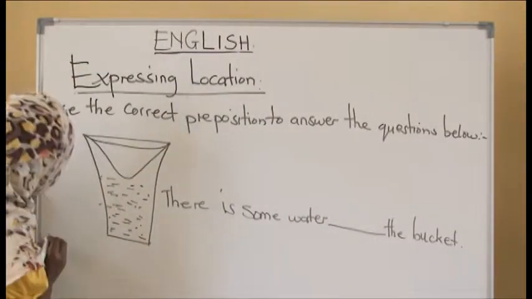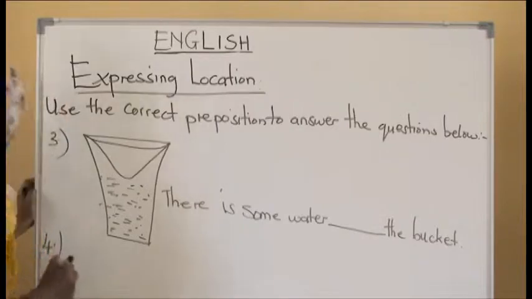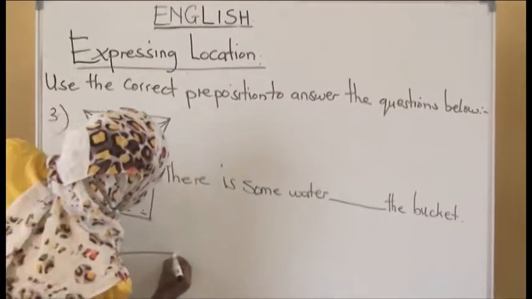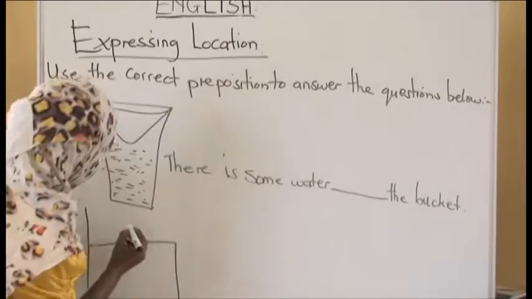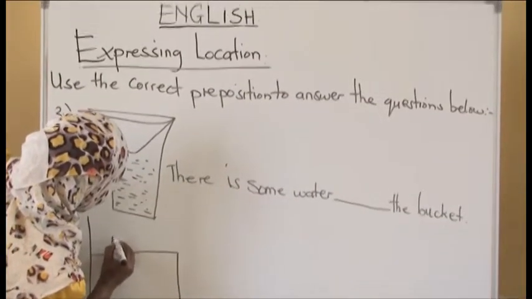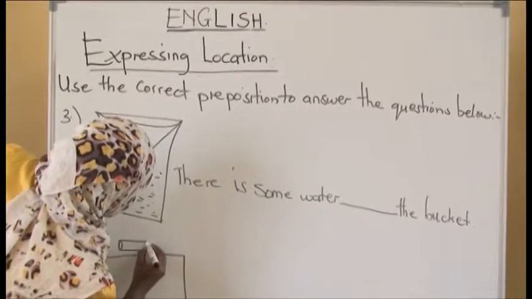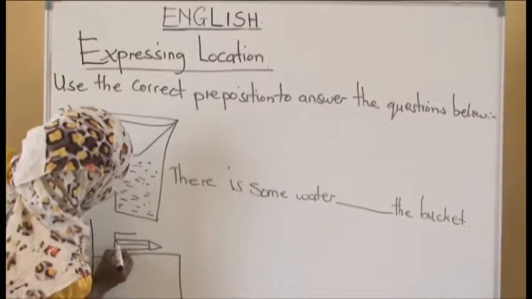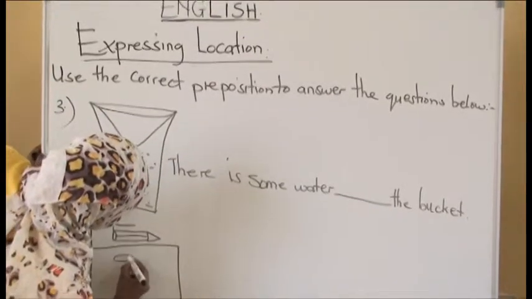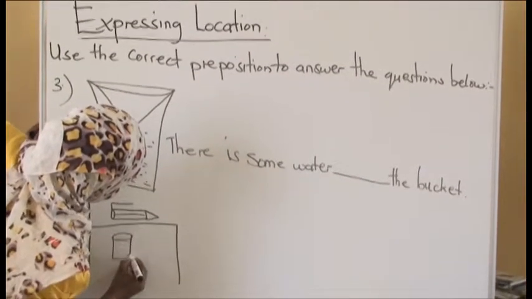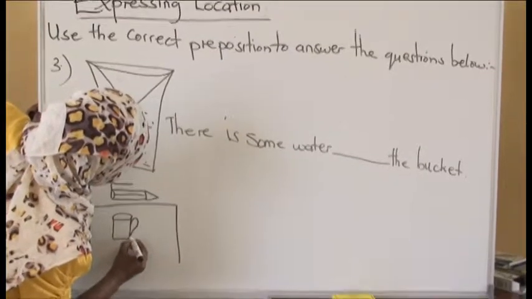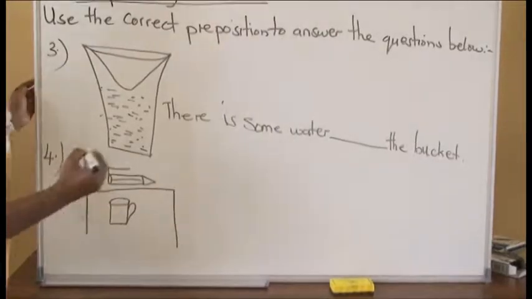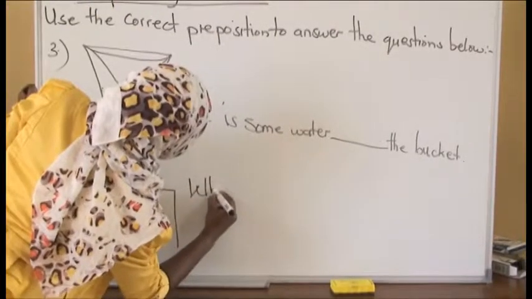And the next question, we have a chair here. Here we have a pen. Here we have a cup. Then, the first question is asking, where is a pen?